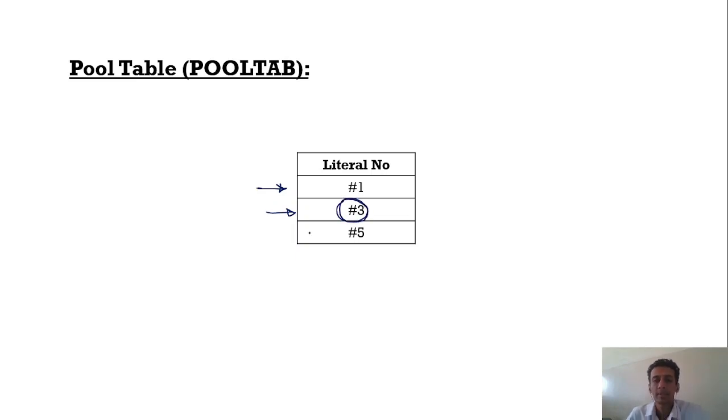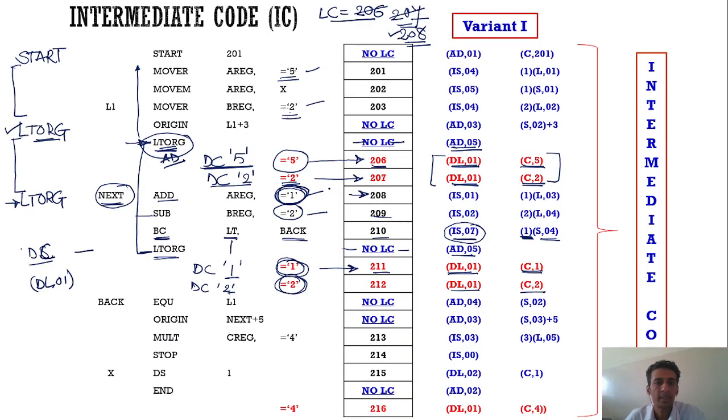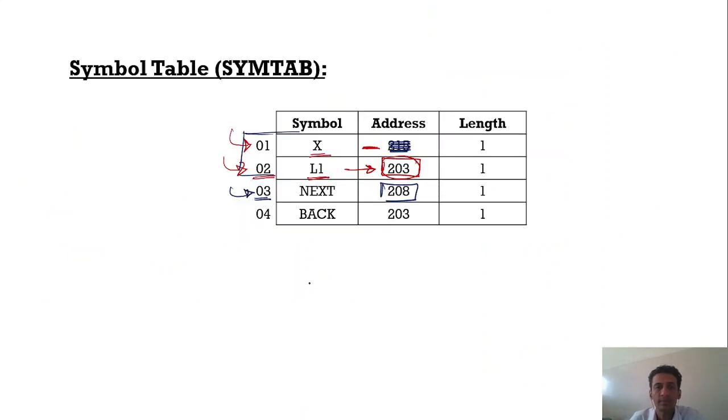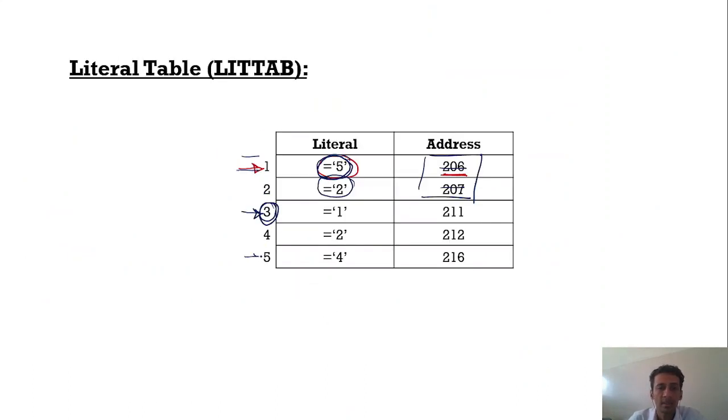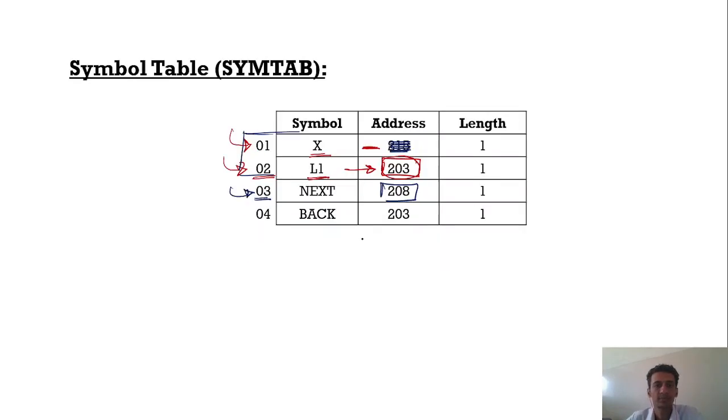Okay, now again in pool 2 of literals, we have two literals, literal 1 and literal 2. So it is obvious the next pool of literals will be starting from literal number 5 in the literal table. Hence, the third pool of literals will start from the fifth literal in the literal table.